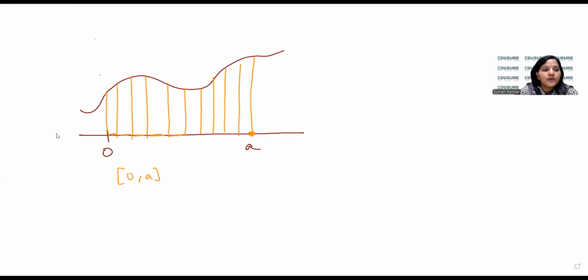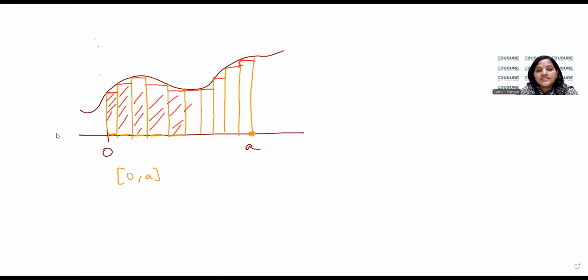So he gave us two ways. He said, first we can calculate the area of the lower rectangles. Okay, the red ones are the lower ones. So something like this. And then he said, add these areas to find the approximate area under the curve.